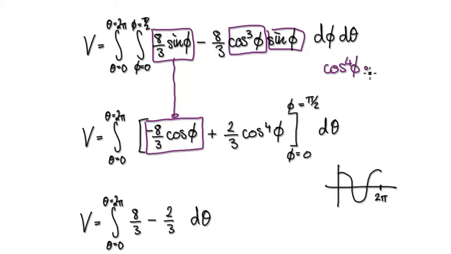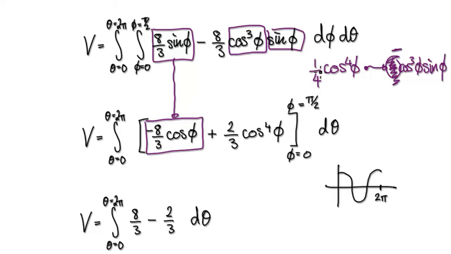When you differentiate this, it will be 4 cos to the power of 3 phi times the derivative of cos, which would be this. You should know this by now. And then you don't want this 4, so you go back to here and negate the 4. Oh, sorry, you've got to have a minus in here when you differentiate it.